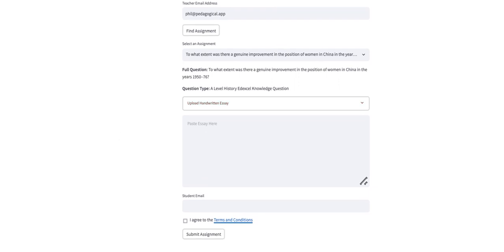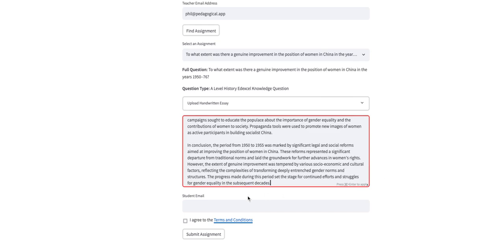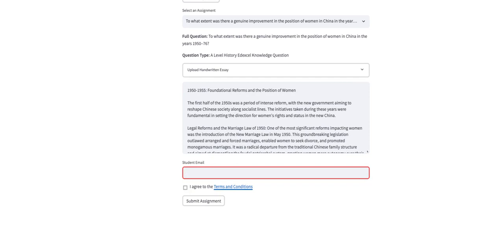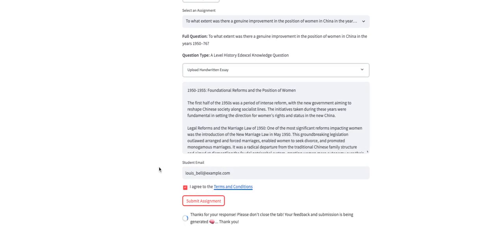I've written an answer to this already, but in the answer, I have deliberately only looked at the start of the period. So hopefully, I'm going to receive feedback telling me that I need to look at the entire period. Okay, the student then enters their email and submits the assignment.